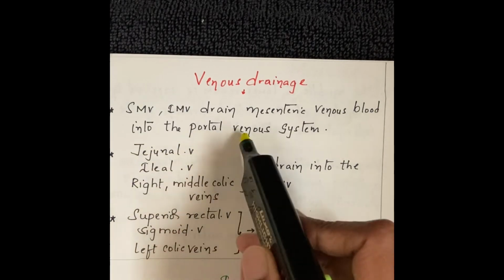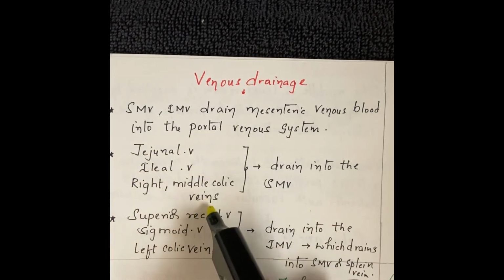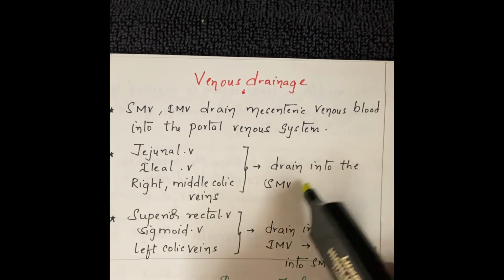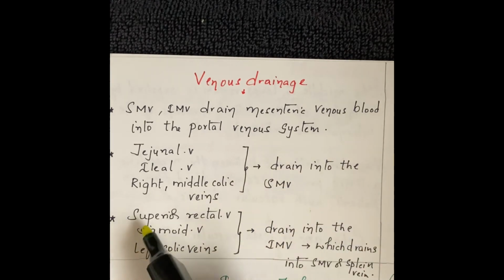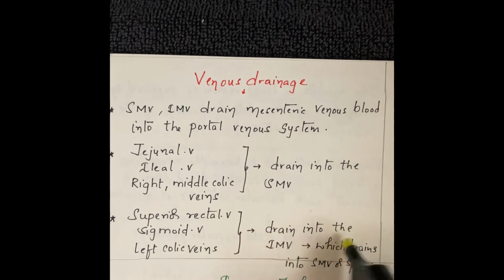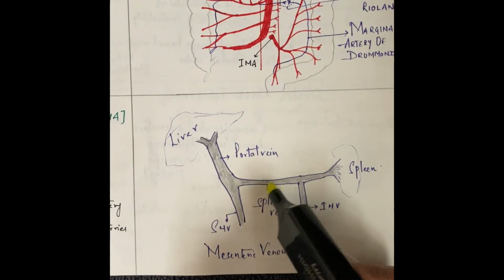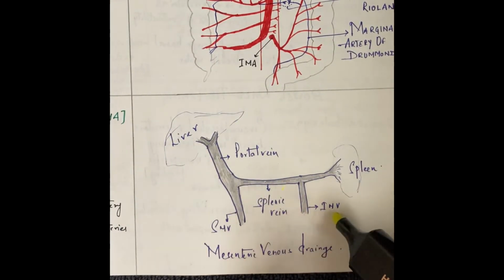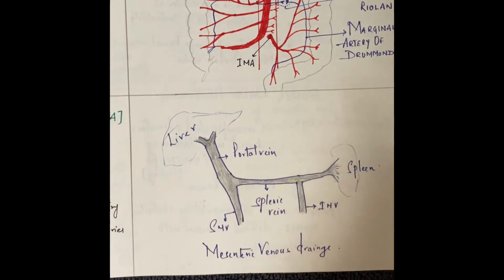Jejunal veins, ileal veins and right and middle colic veins drain into the superior mesenteric vein. Superior rectal, sigmoid and left colic veins drain into the IMV, which in turn drains into the SMV or splenic vein. The SMV and splenic vein drain into the portal vein.